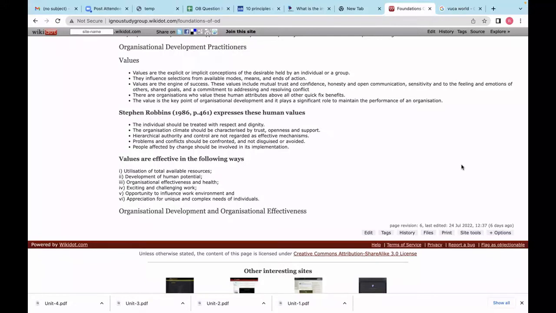Some scientists overemphasized this. I think Stephen Robbins or whoever it is says that if you make sure values are respected, the OD would be successful, right? So you should foster trust and openness. You should treat employees with respect, right?